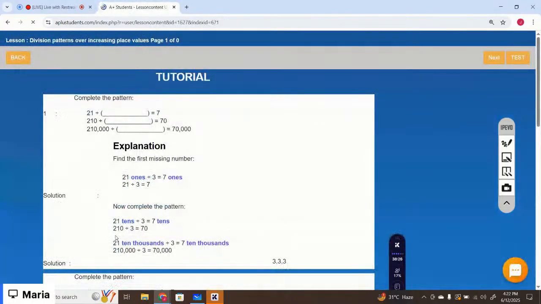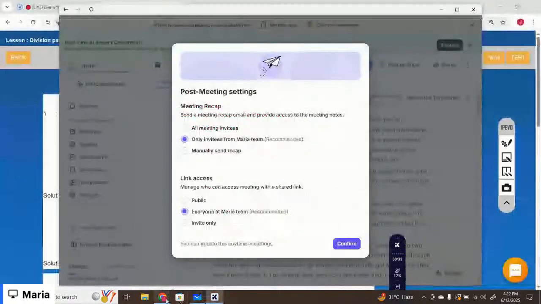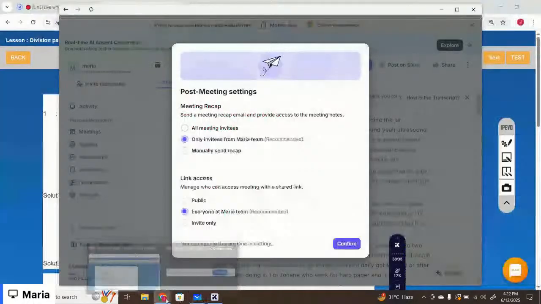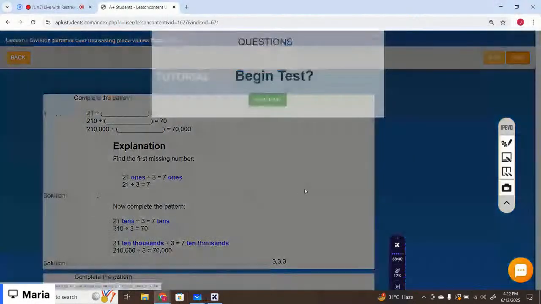Division patterns are increasing place values. So let's just start with the test questions.